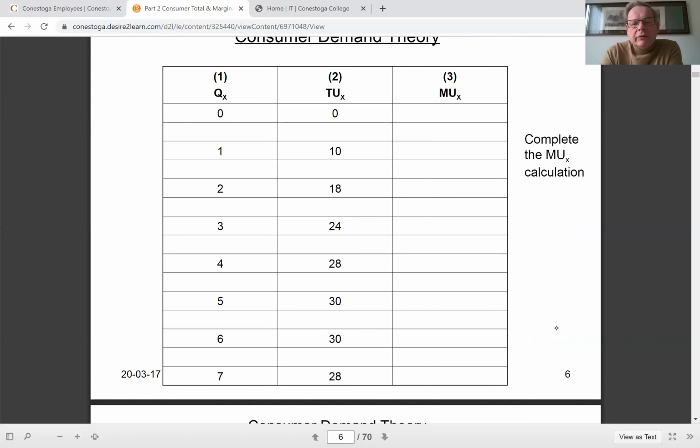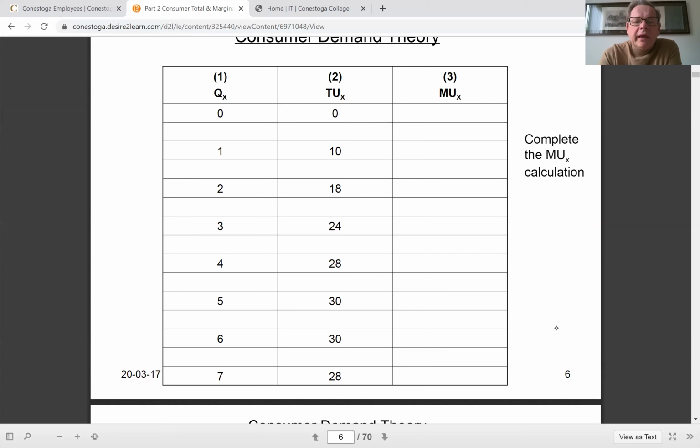To analyze the marginal utility, we take the total utility of the first item, 10 less 0, divided by 1 less 0. We get 10 over 1, which is equal to 10.